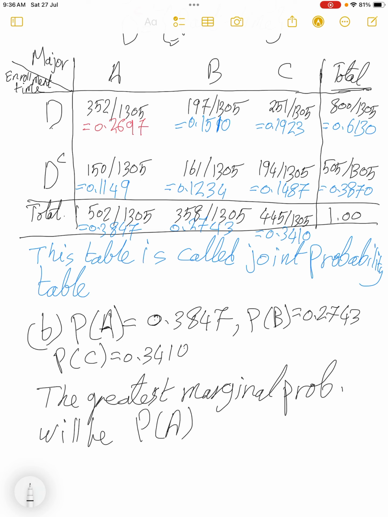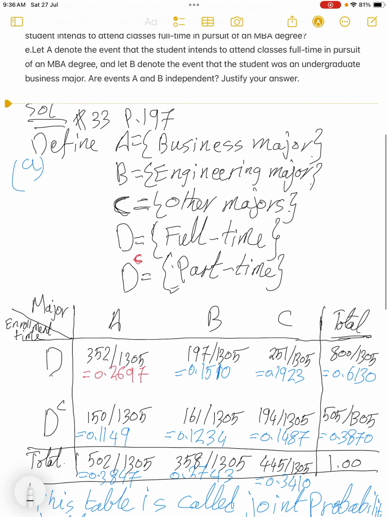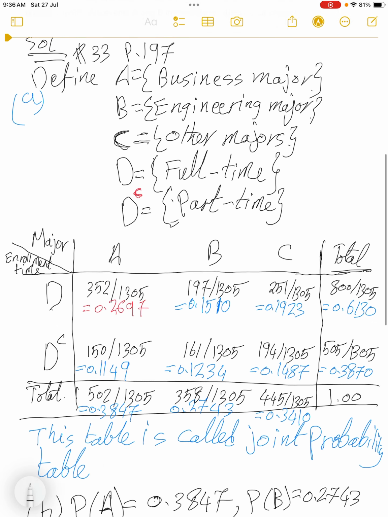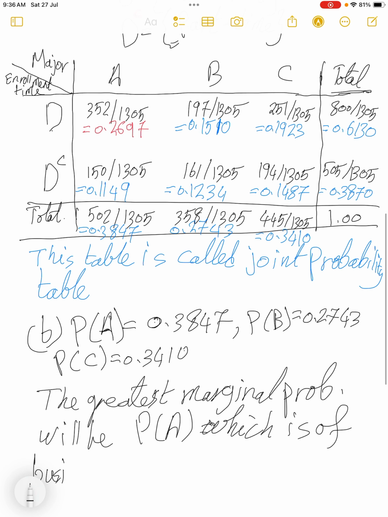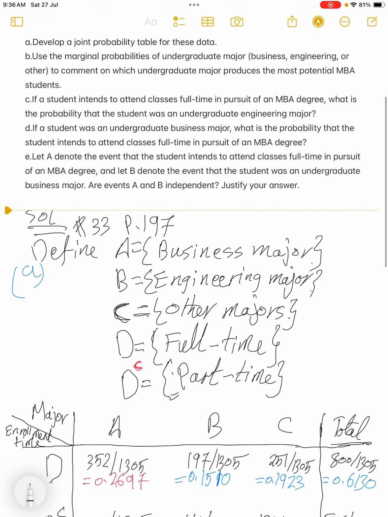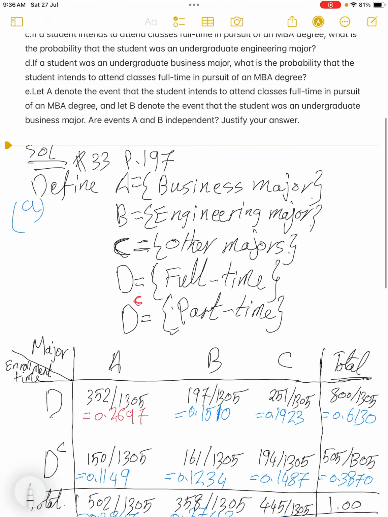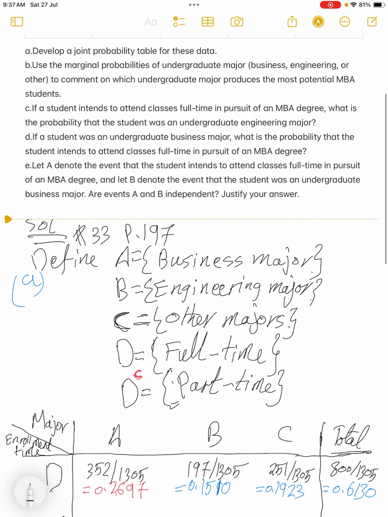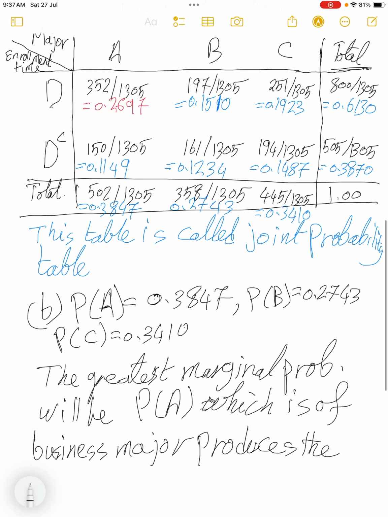the probability of A, which is the business major, and it measures which produces the most potential MBA.